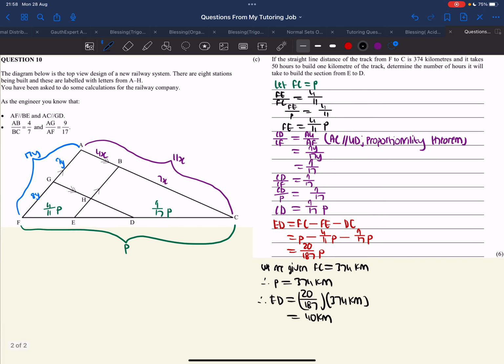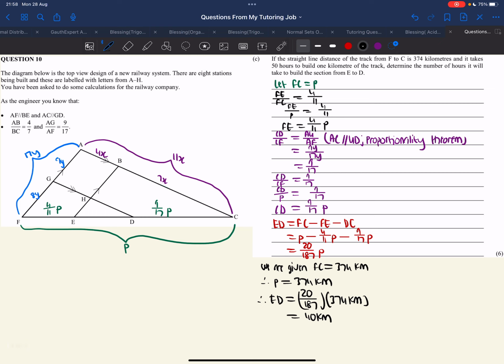But now the question is not asking for the distance of ED. They are asking to determine the number of hours it will take to build the section from E to D, right? Now, can you also see that in the question they say that it takes 50 hours to build 1 kilometer? So I'm going to create a ratio. We have 50 hours to build 1 kilometer. But for me now, I just found 40 kilometers, so I'm actually looking for that value.